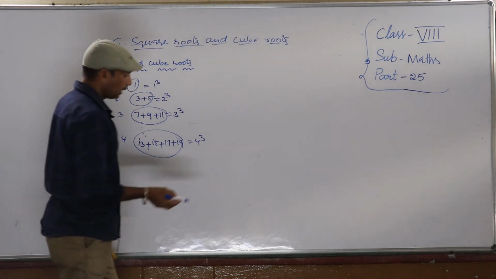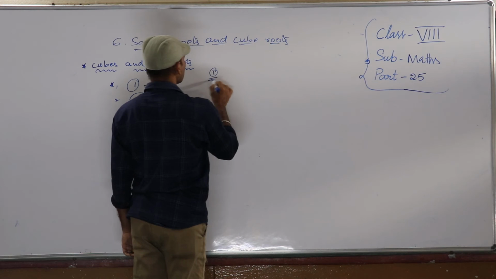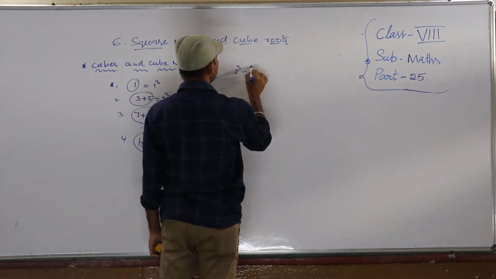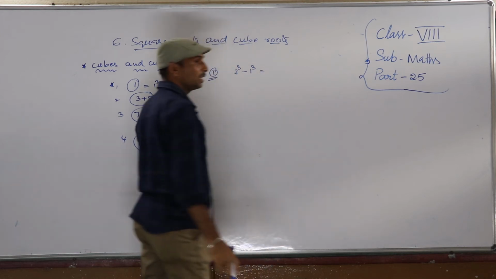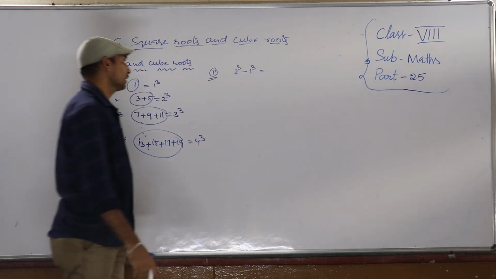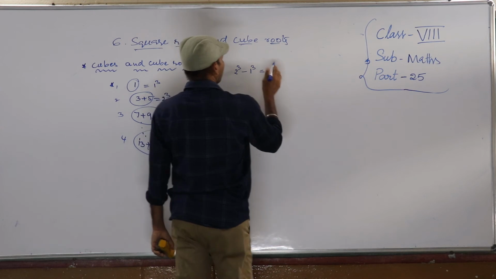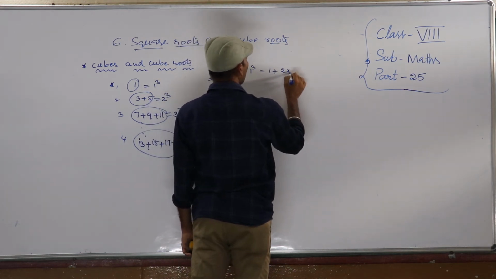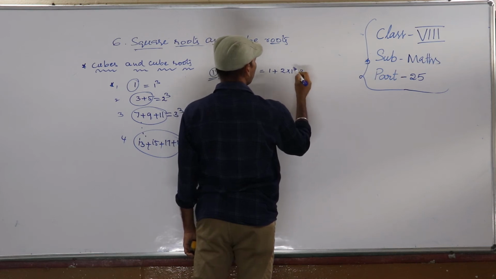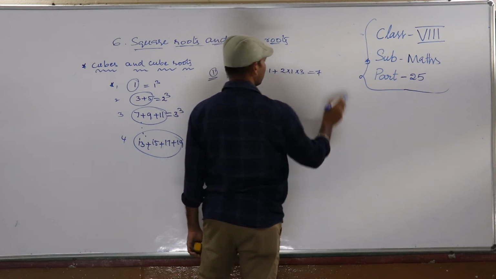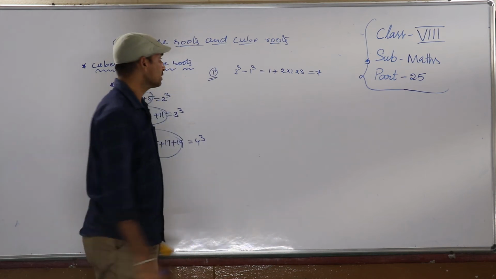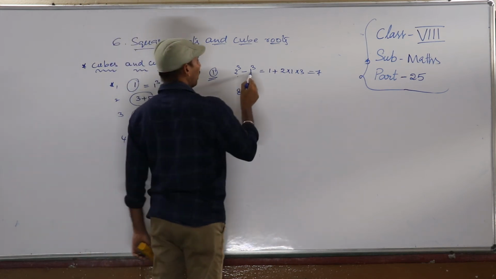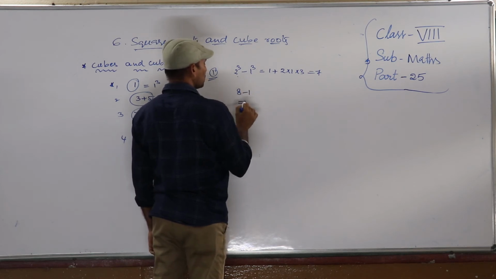If you take another one, we can write 2 cube minus 1 cube. See children here, 1 plus 2 into 1 into 3, that is equal to 7. 2 cube is 8, 1 cube is 1, 7.